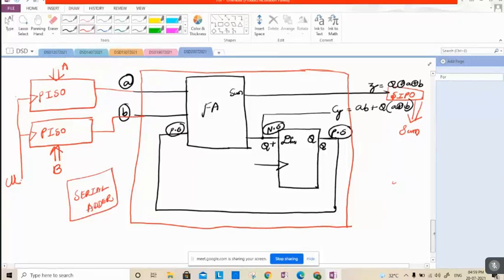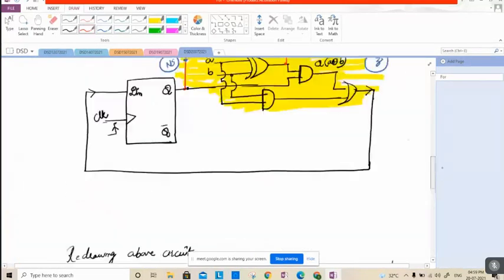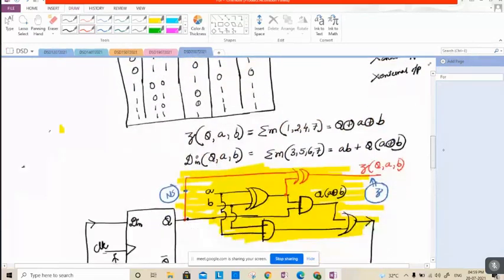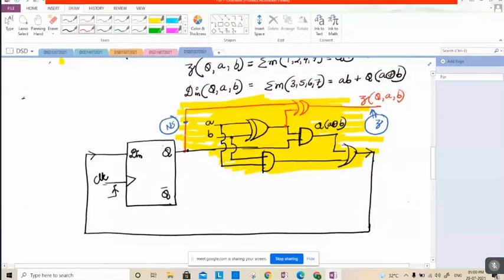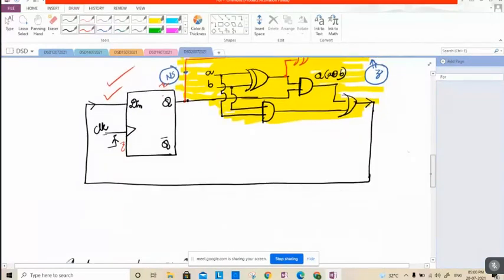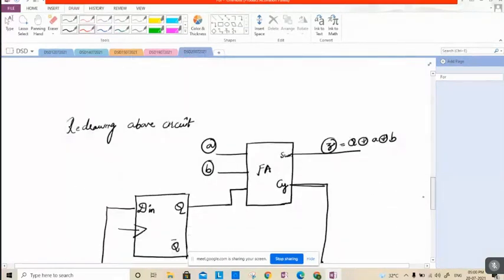Right, what we have done here. Is it clear up to this part? Yes sir. So this is the realization of the state diagram. In this state diagram, I have just replaced a full adder block here.